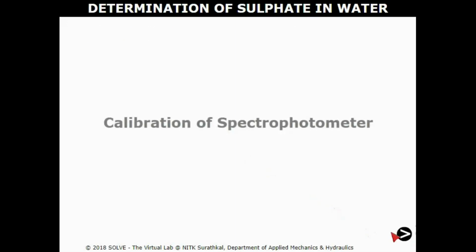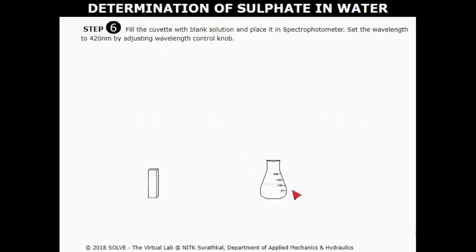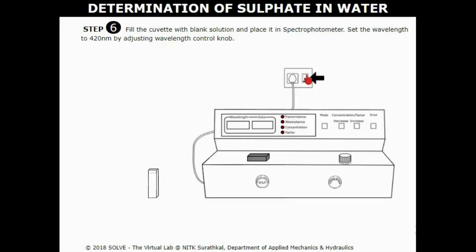Calibration of spectrophotometer. Click here to fill the cuvette with blank solution. Switch on the spectrophotometer. Set the wavelength to 420 nanometer by adjusting wavelength control knob. Open the lid and place the blank solution in the spectrophotometer.